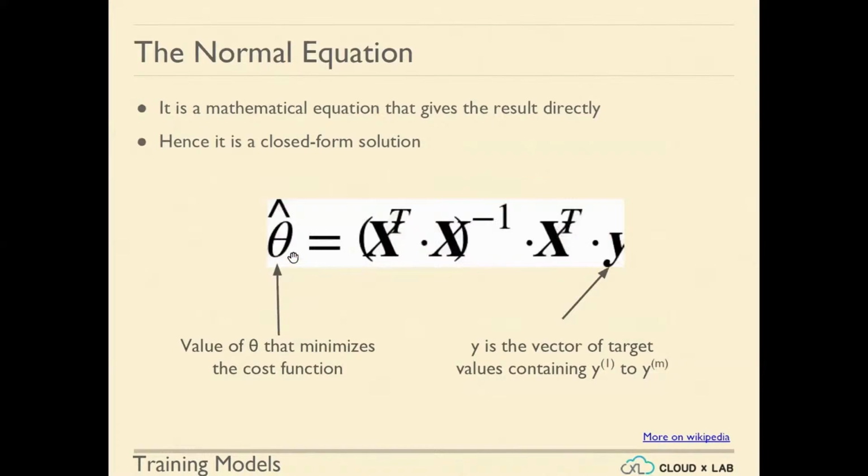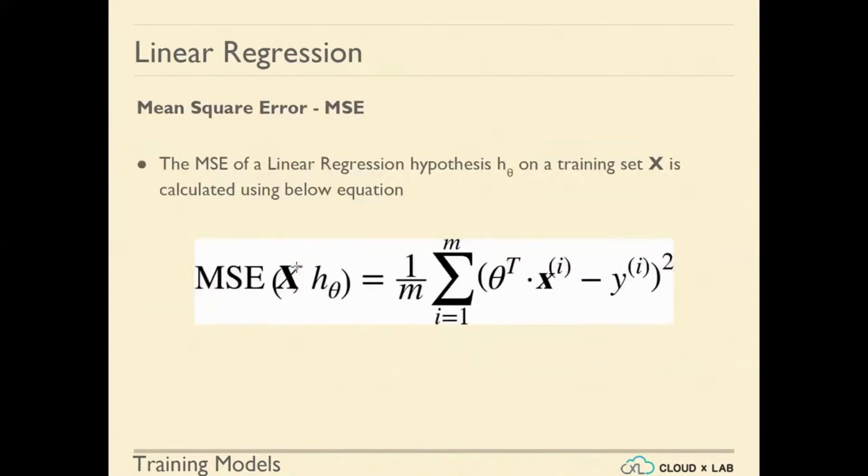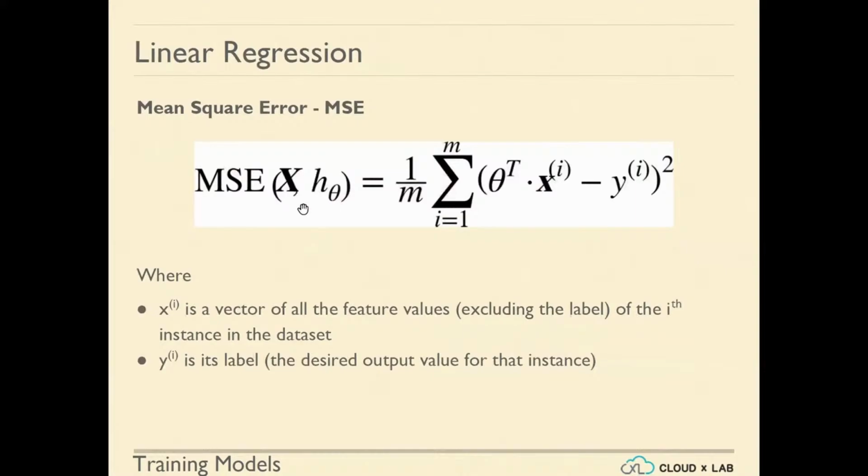And since we are getting a closed form solution, it means we are getting a formula using which we can directly calculate the unknown theta, right? That's why this solution is called the closed form solution. And how are we getting the solution? You can use this loss equation.